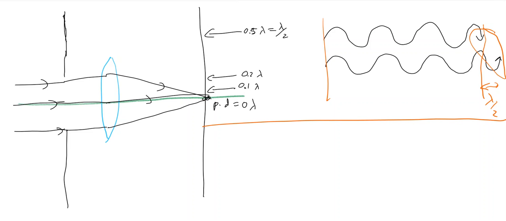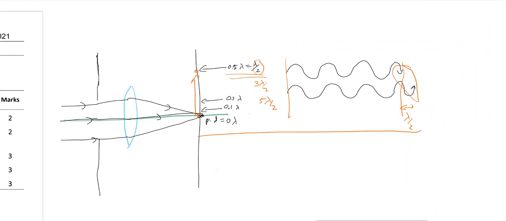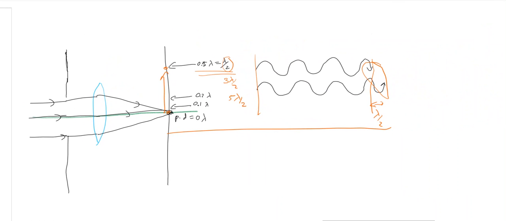So from the center, as you go up, there must be some point where the path difference becomes lambda by 2, or maybe 3 lambda by 2, or maybe 5 lambda by 2. Can we figure out exactly at which point the path difference will be an odd multiple of lambda by 2? And this is true even for constructive interference. There must be some point on the screen where the path difference is 1 lambda.